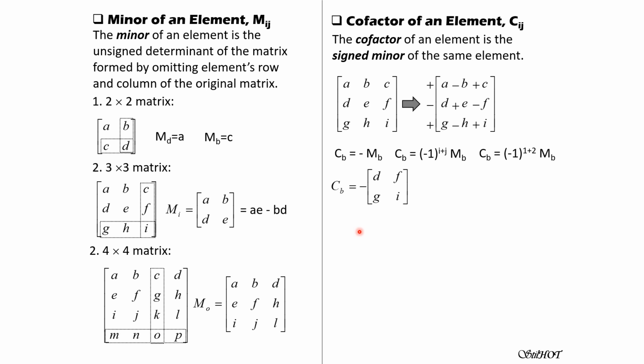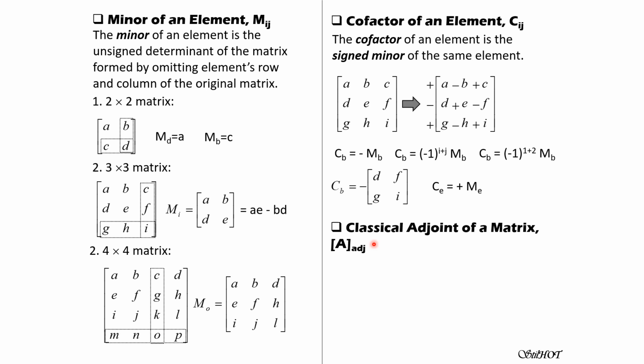While the cofactor of E, because E is a diagonal element and the assigned sign is plus, because this is row 2, column 2, 2 plus 2 is 4, is the same as its minor.